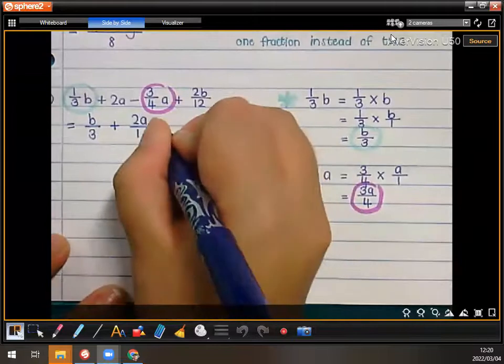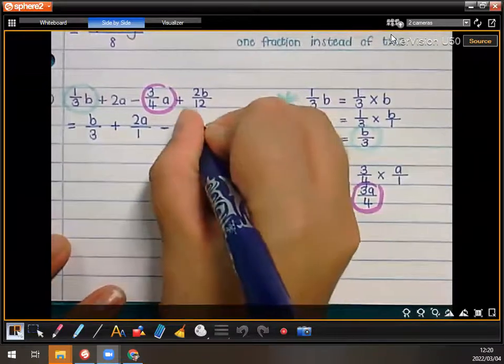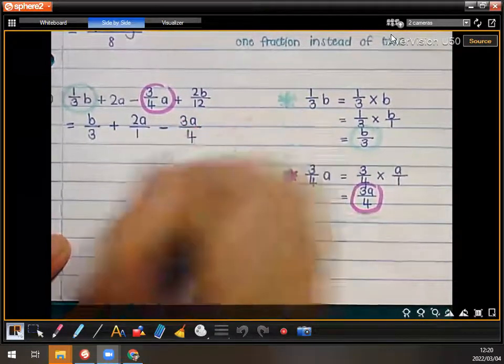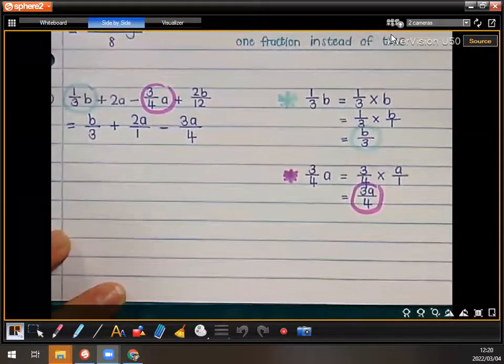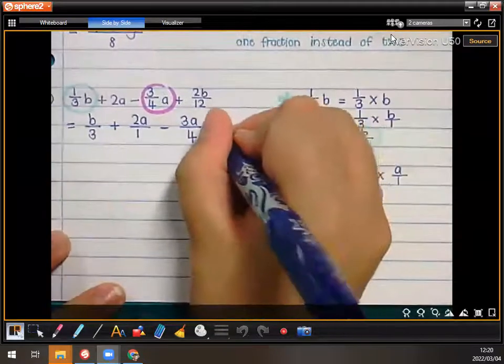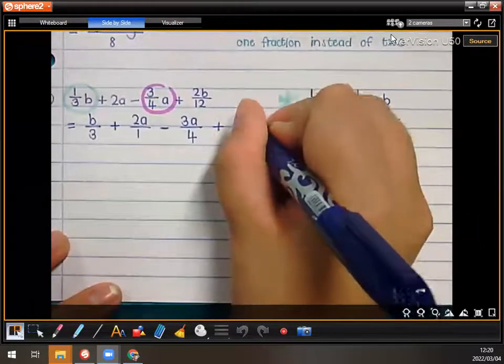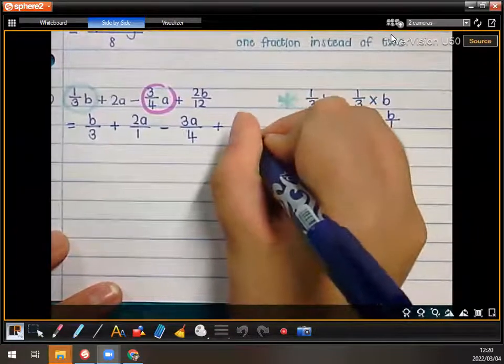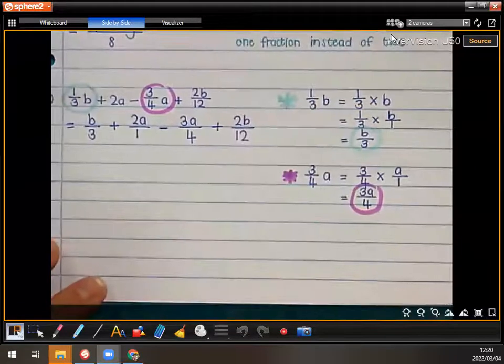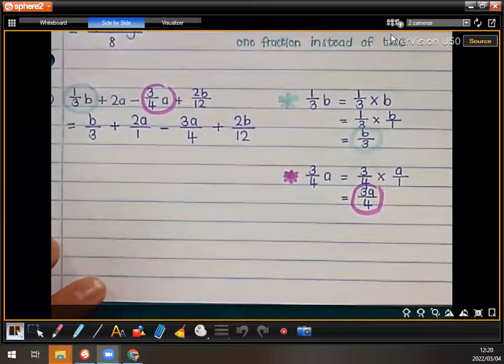So this is now minus 3a over 4 plus 2b over 12. That's already a fraction, right? So I'm just going to rewrite it as it is. Now we have 4 fractions that we are adding and subtracting.